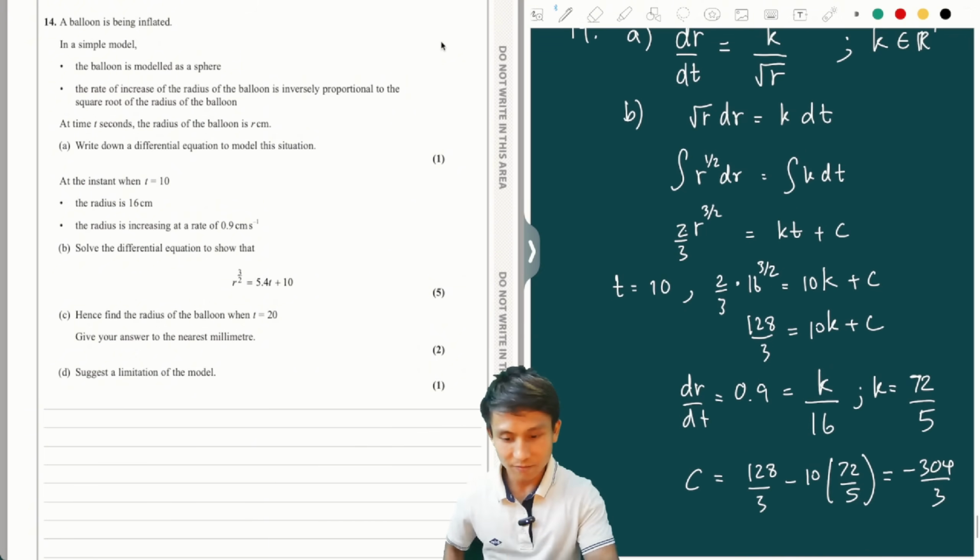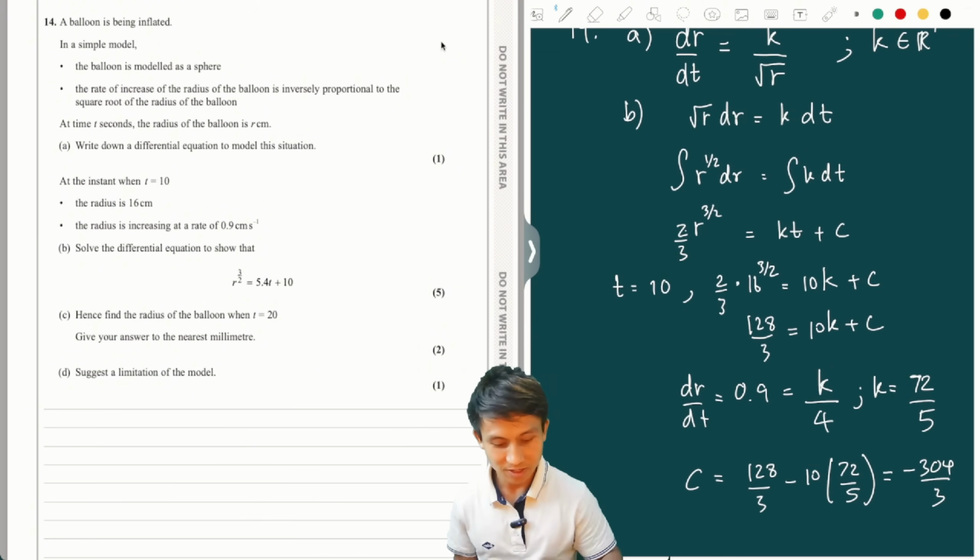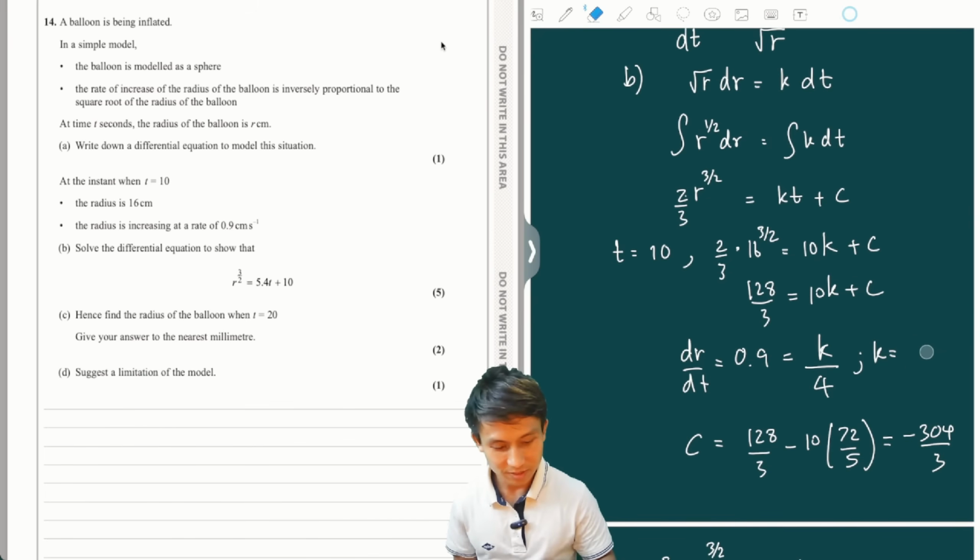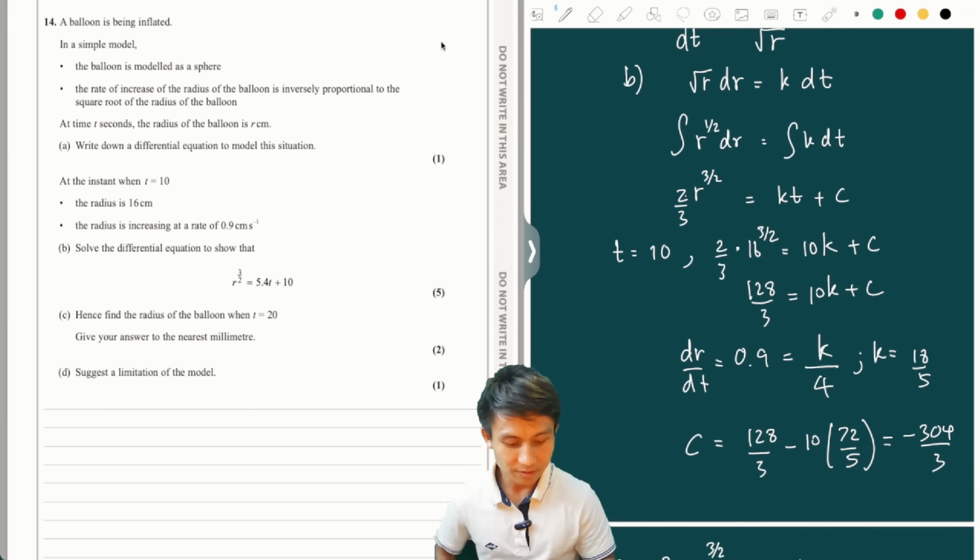I forgot to square root this. Okay, yeah. So k is 3.6, or should we make it 18 over 5, right? Yeah. Sorry about this.